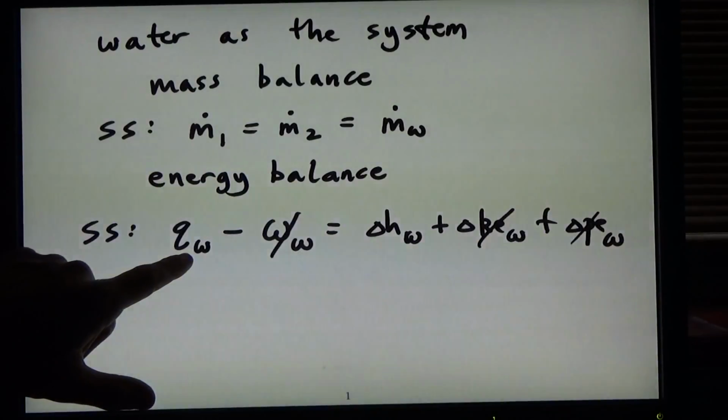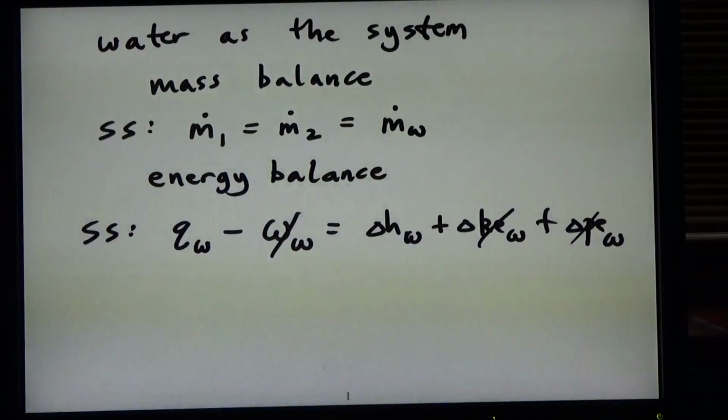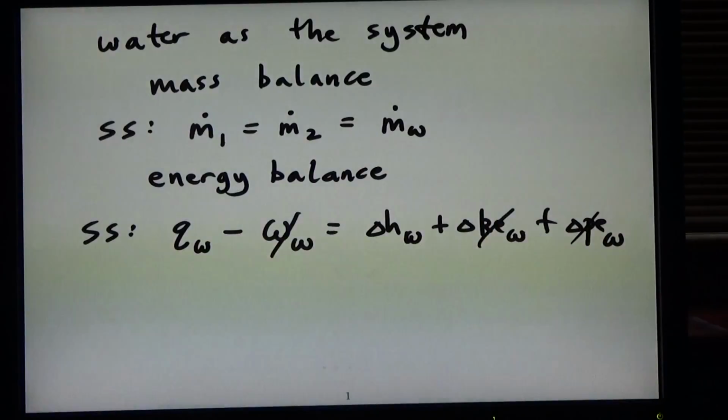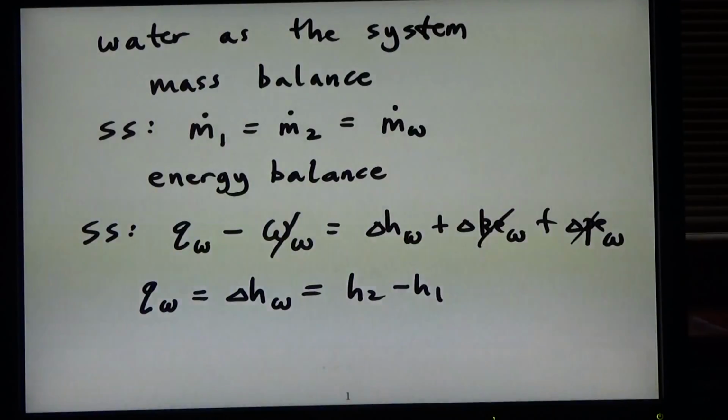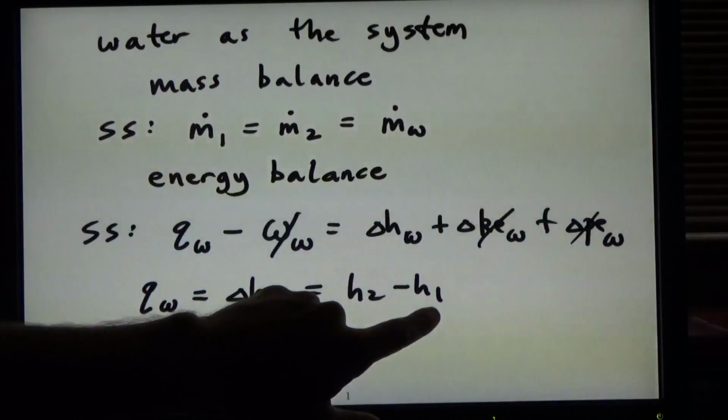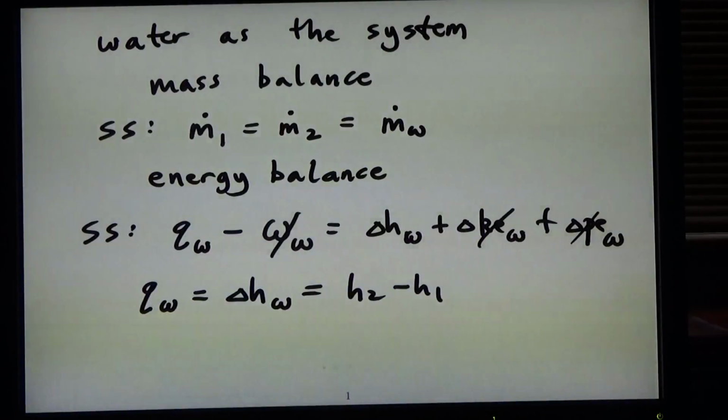But for the water, there is heat transfer to the water from the refrigerant, so we're not going to cancel out Q sub W. So the heat transfer to the water is equal to delta H of the water, or H2 minus H1. So if we want the heat transfer to the water, we need properties H2 and H1. So let's label these equations: here's number 3, here's number 4.